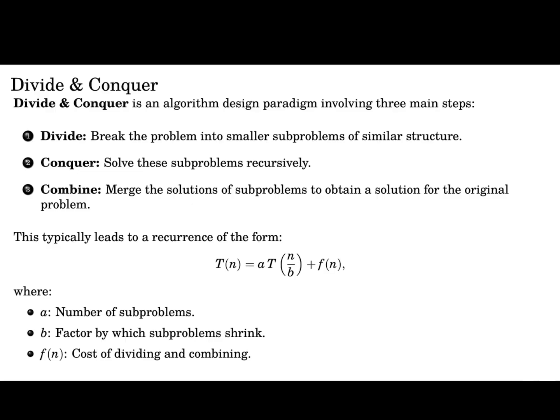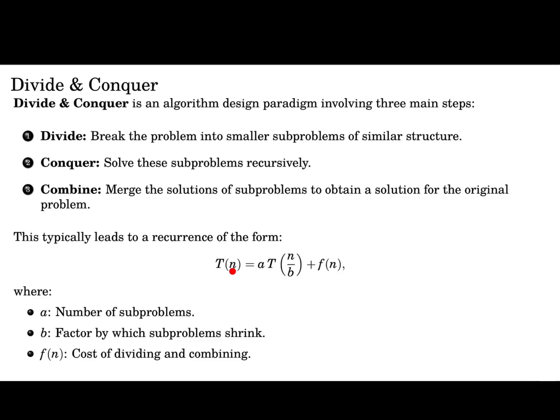And so this will often lead to recurrence relations, and typically of this form over here. Let's understand what this is saying. Here we can think of T of n as the running time for some problem of size n that we are analyzing. The idea is that we're going to break this problem into smaller problems of size n over b, for some factor b.